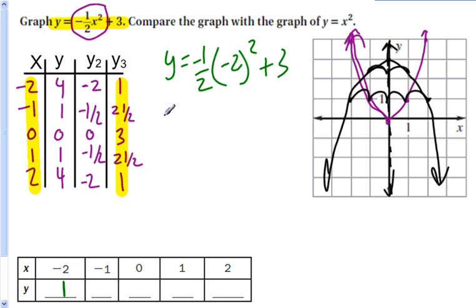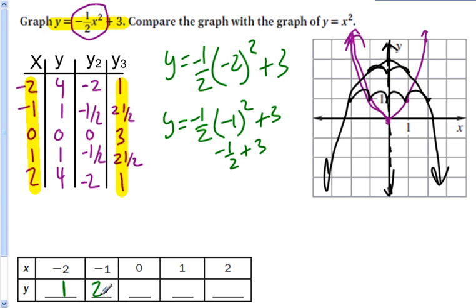And I can go y equals negative 1/2. I can plug in a negative 1. So negative 1 squared is 1, times negative half is negative a half. And if you take negative 1/2 and you add 3 to it, you will get 2.5. Then I can plug in 0. 0 squared is 0, times negative 1/2 is 0, plus 3 gives me 3.